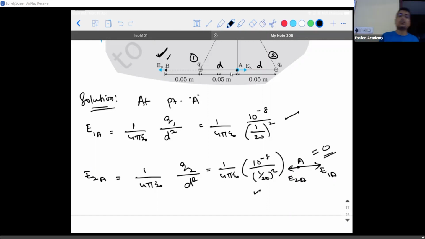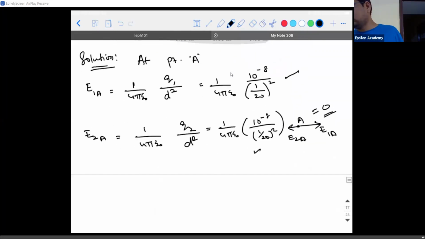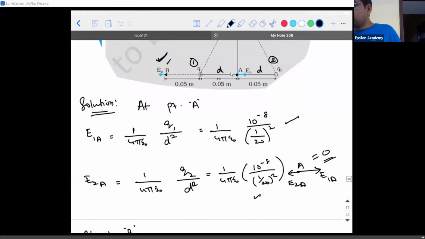The net electric field at point A is 0. Now, what is the net electric field at point B?